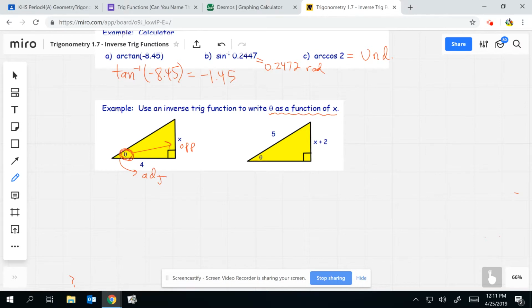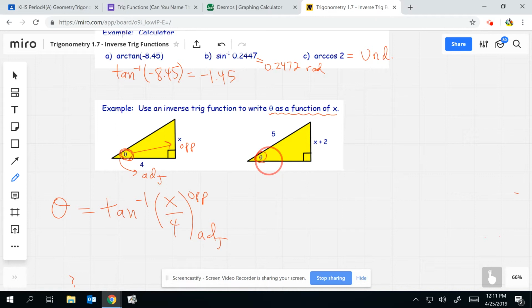With TOA, we would need tan, and we want inverse tan because theta is the angle. Theta equals inverse tan of the opposite, x, over the adjacent, 4. You need the opposite on top and the adjacent on the bottom for TOA. So that's how you would solve it. If you were given that x, you could plug x in there and solve for that angle.